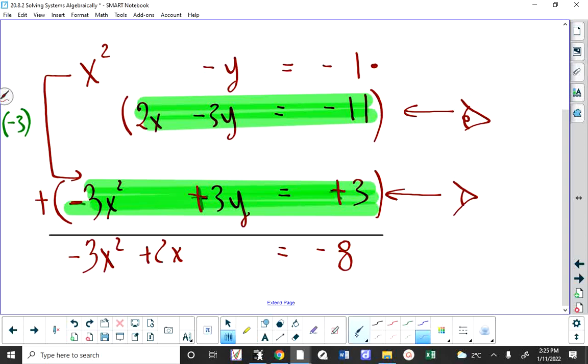I would say that the advice I would give you here that's the most valuable is you need to be organized. Because you're going to be dancing around from line to line, and we started off with these two equations, and now we have this equation and this equation that we're working with. So you have to really keep track of things.